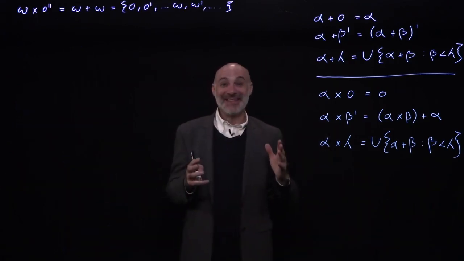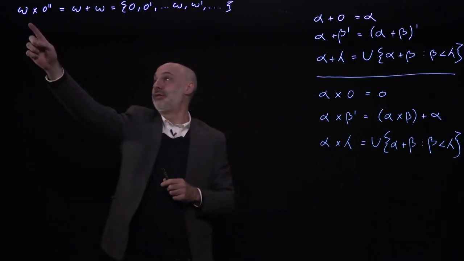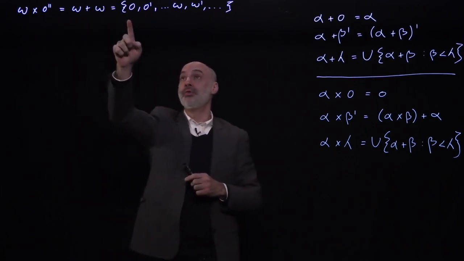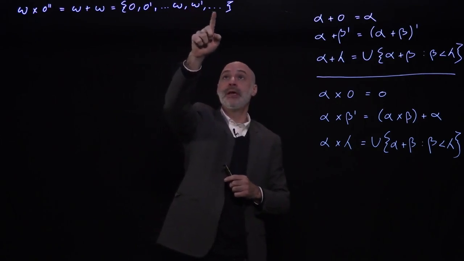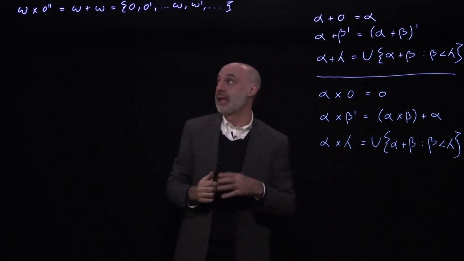So let's see if we can keep going. What we've done so far is shown that omega times 2 is omega plus omega, which is this set. The finite ordinals, omega, omega prime, and so forth for a finite number of primes.